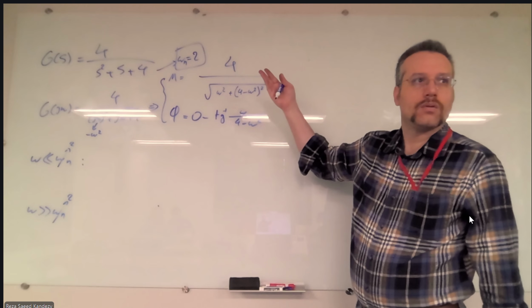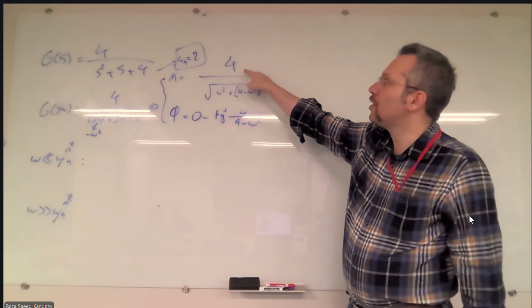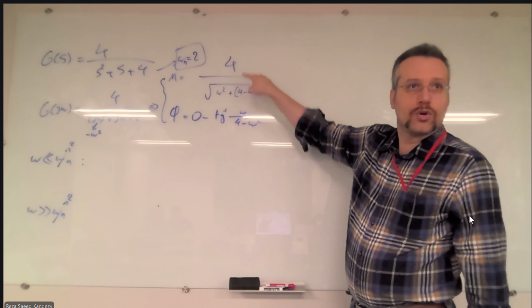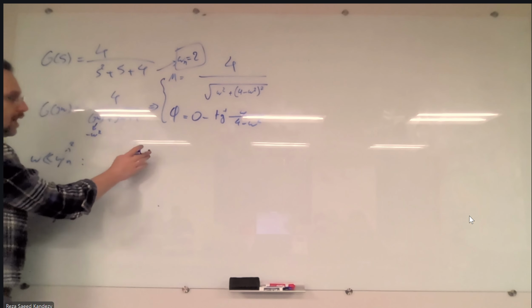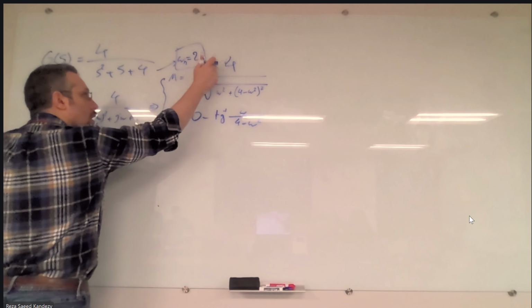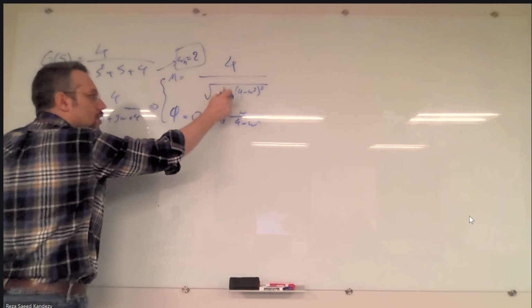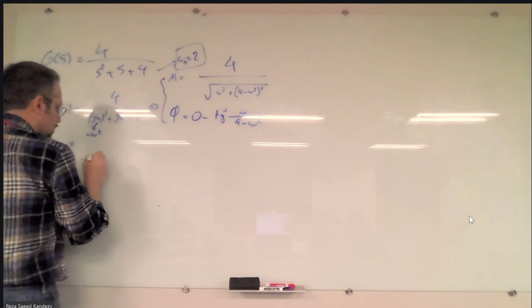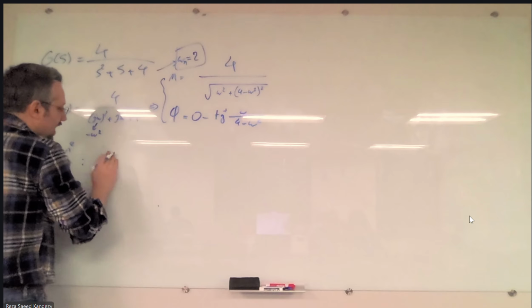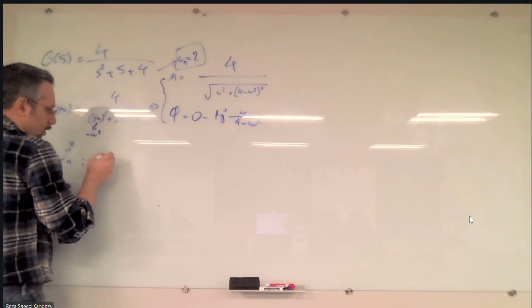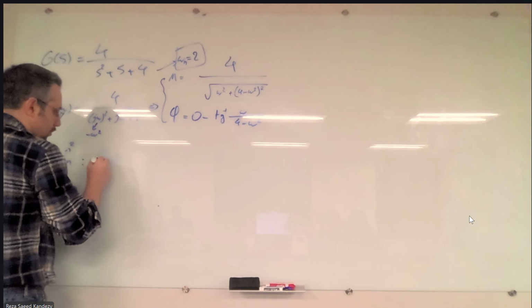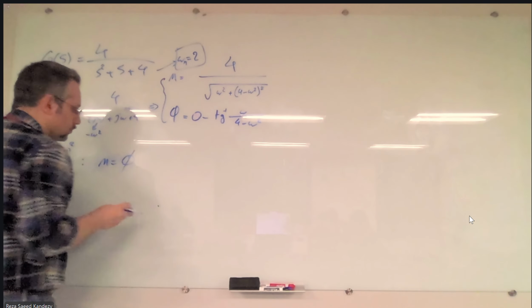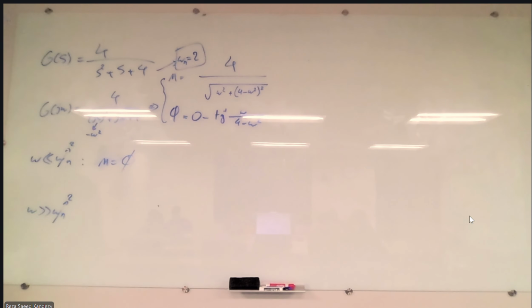The numerator is also 4, so it's 4 over 4, which is 1. Then we have 20 log of 4 minus 20 log of 4, which is going to be 0. The amplitude is going to be 0. Is that clear what happened? Are we good?